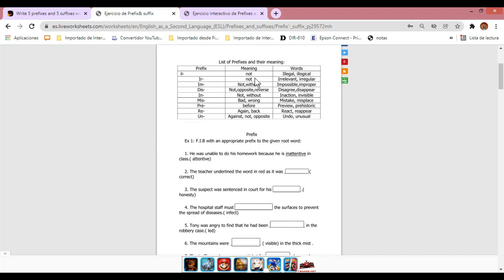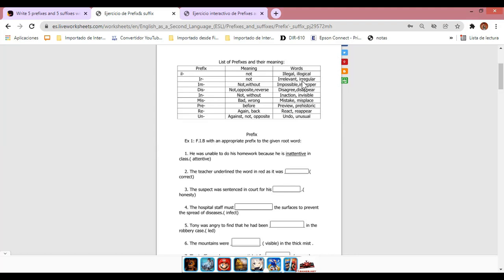Ir also means not. Irrelevant, irregular. Irrelevant, something that is not relevant, something that is not about the topic that we are talking about.